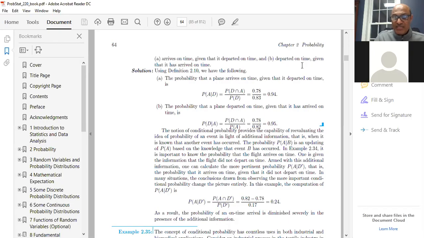Let me stop sharing and go back to my whiteboard. First of all, let me write it down. Example 2.34. It says the probability of the flight departs is 0.83.